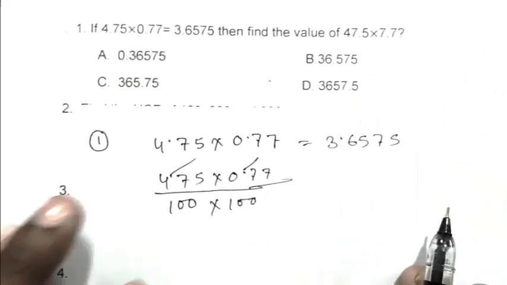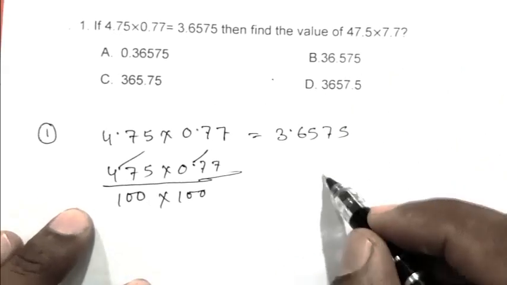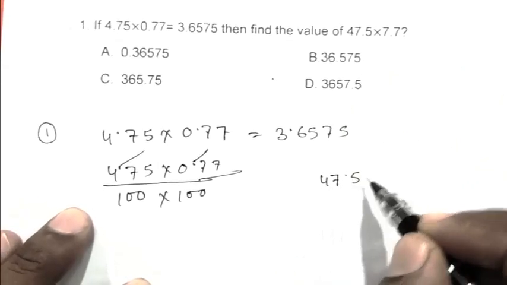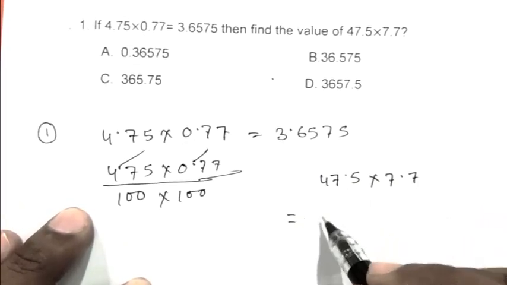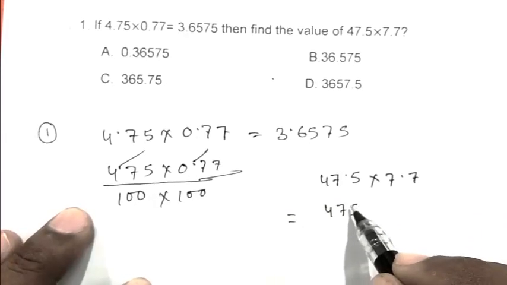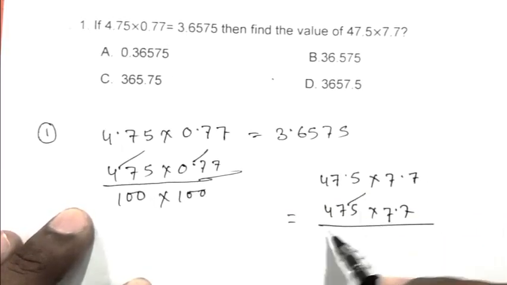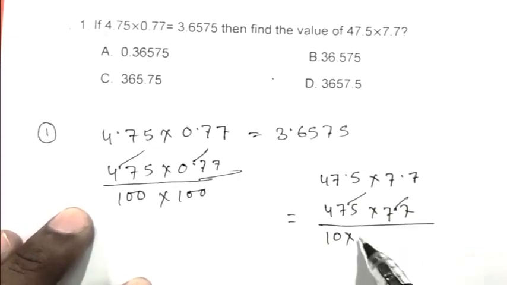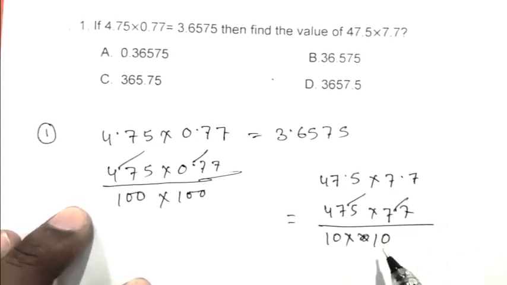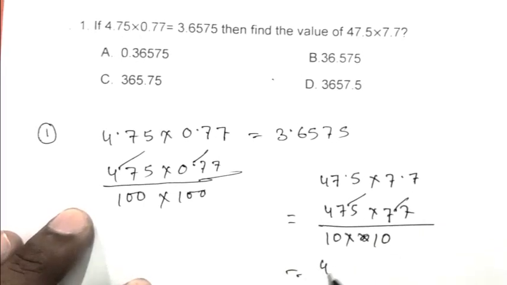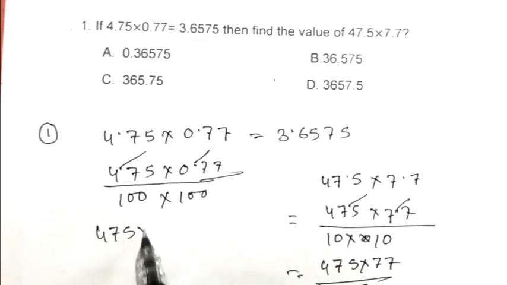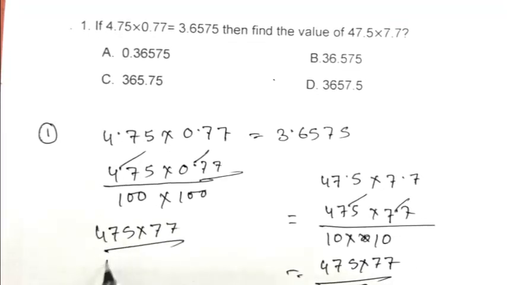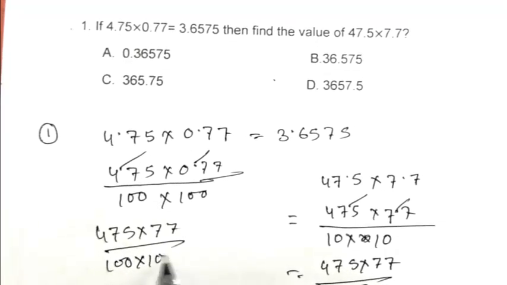We write this expression. So 47.5 into 7.7 becomes 475 into 77, eliminating the point we get 10 into 10, so that is 475 into 77 by 100 into 100.